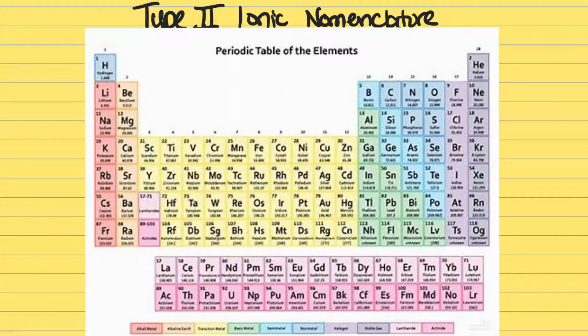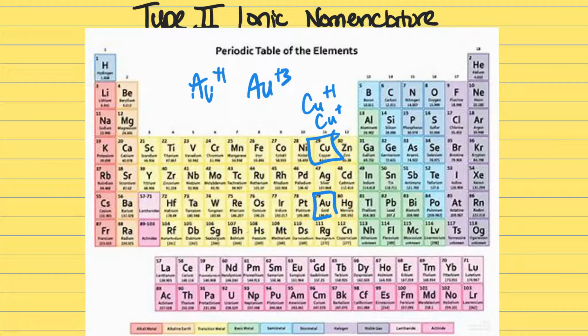Copper is typically either Cu+1 or Cu+2. Iron is sometimes Fe+2 or Fe+3. Manganese could have multiple different oxidation states. This is the reason we call them type 2, because these metals could have different oxidations.